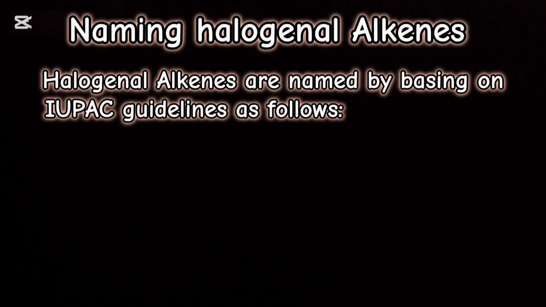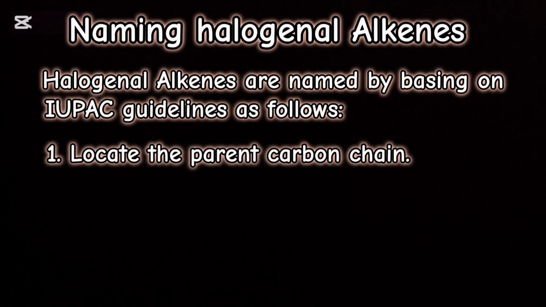The first guideline is the same and mandates that we must determine the parent chain. Notice that the parent chain in this case must bear the carbon-carbon double bond, in addition to the fact that it is the longest carbon skeleton in the compound.